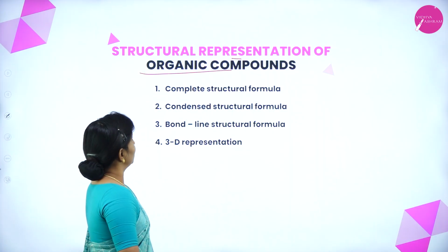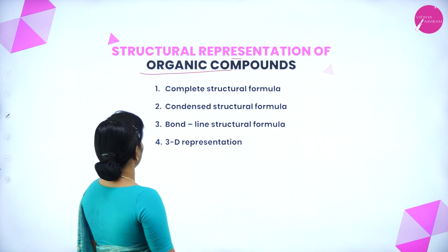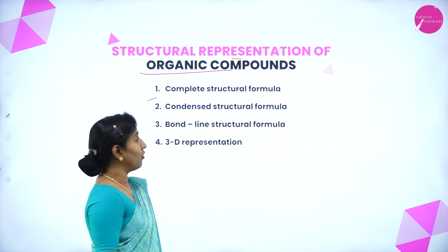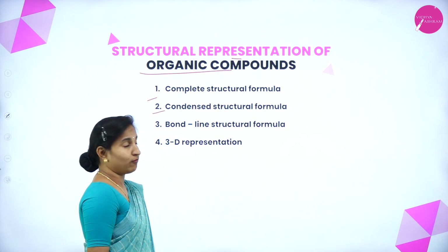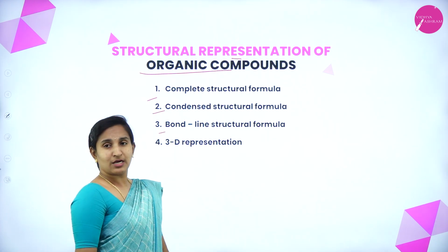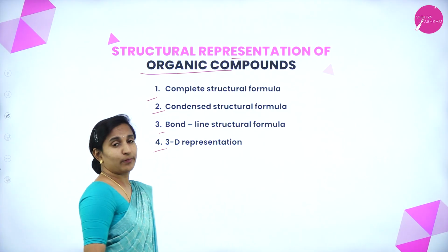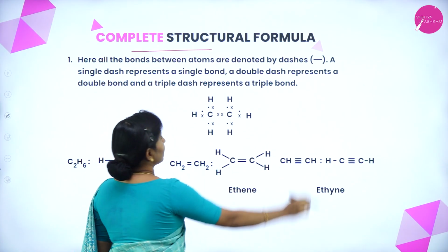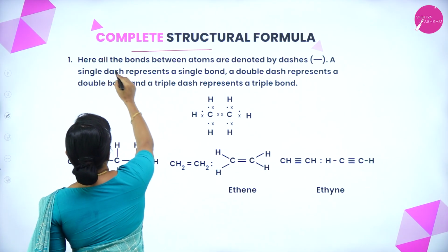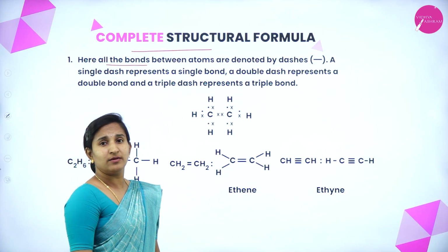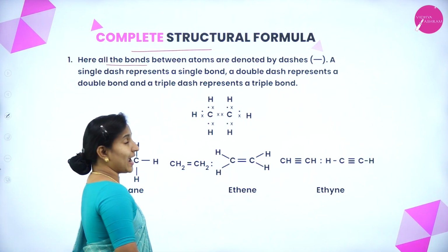Structural representation of organic compounds: complete structural formula, condensed structural formula, bond line structural formula, and 3D representation. Complete structural formula. Here all the bonds between the atoms are denoted by dashes.